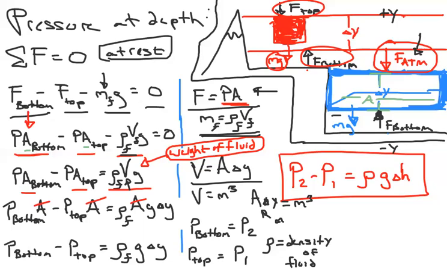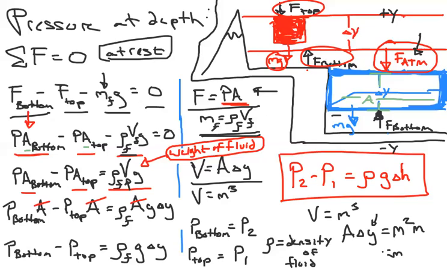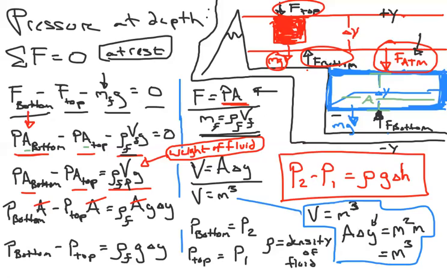Area is meters squared and displacement is meters, so when you multiply those together, that's meters cubed. So we can exchange volume for area times displacement because they have the same units, which is what I'm doing here.